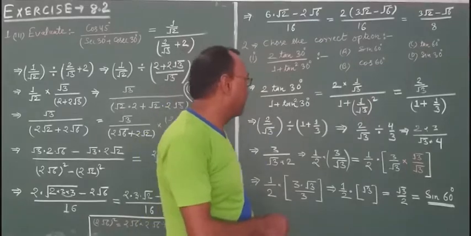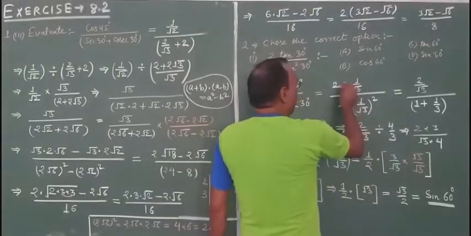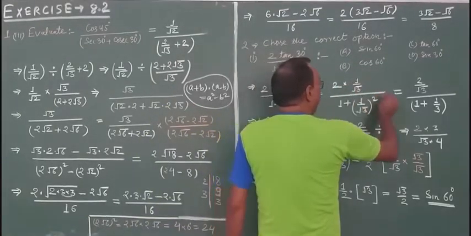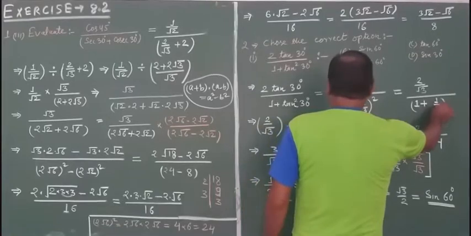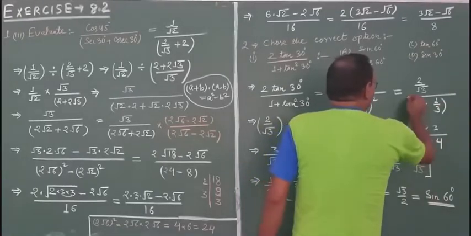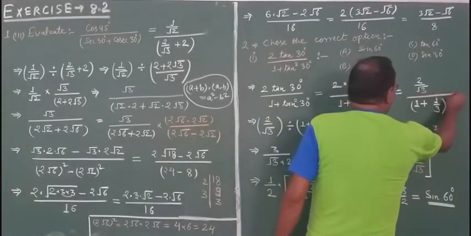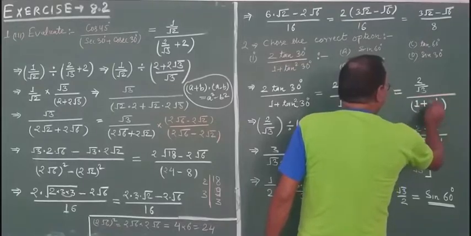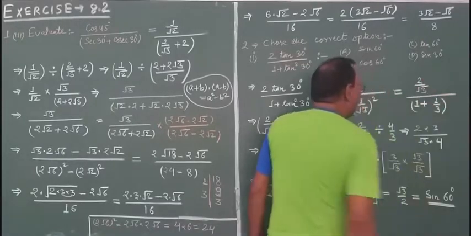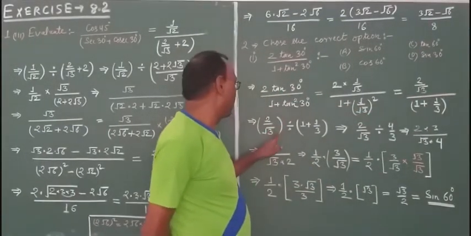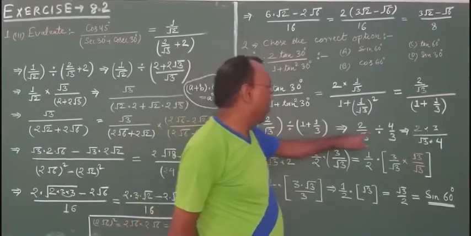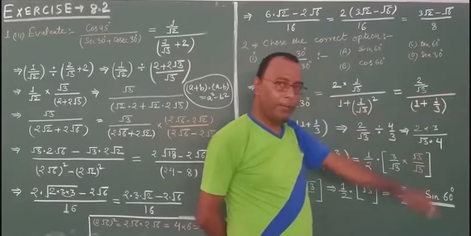That will become 2 upon under root 3 divided by 1 plus 1 upon 3, since 1 upon under root 3 whole square is 1 upon 3.